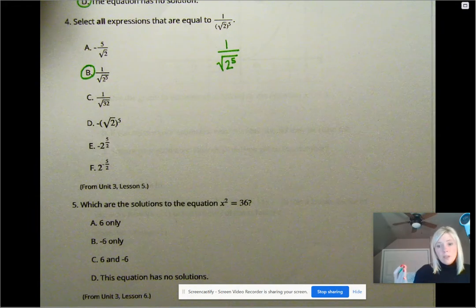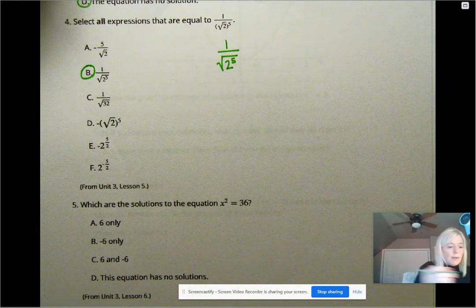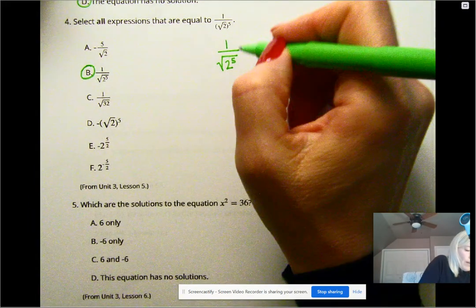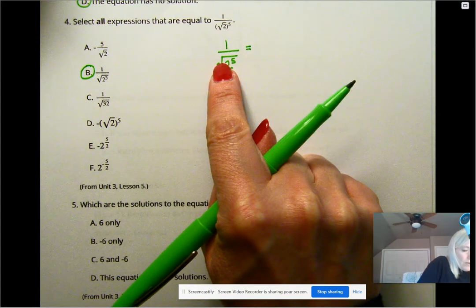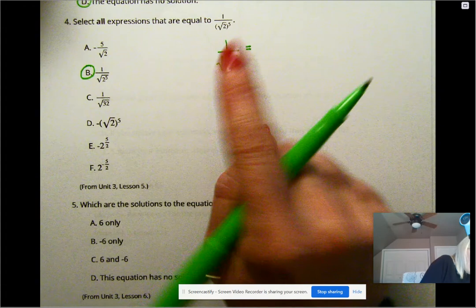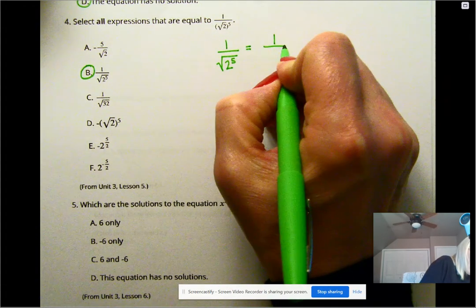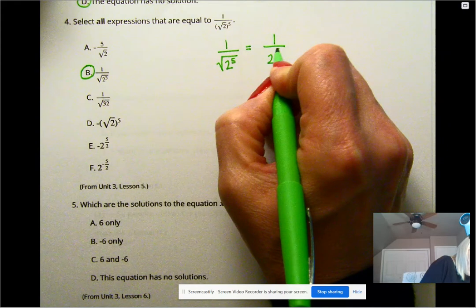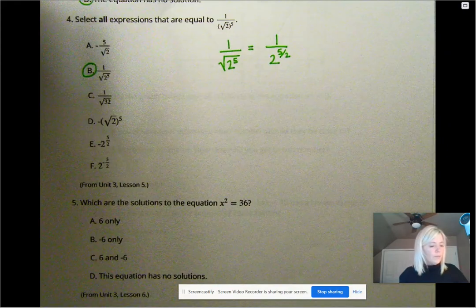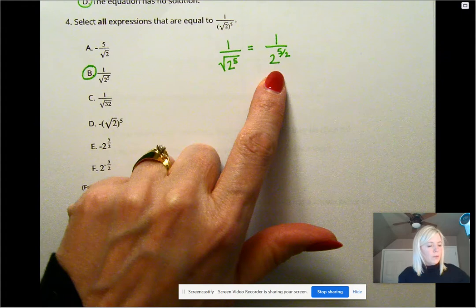I'm going to continue to just try and rewrite this. Okay, well, I know that the index of that root is 2 because it's a square root. So I know it looks like this, 1 over 2 to the 5/2. I know those are equivalent. Those are equal to that.